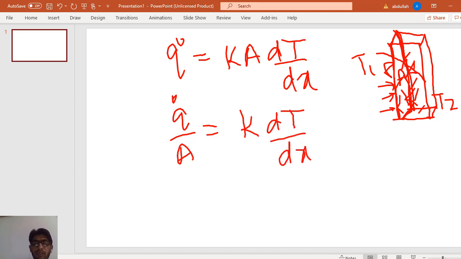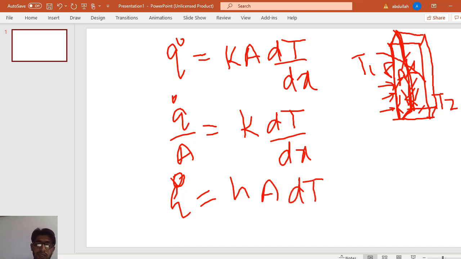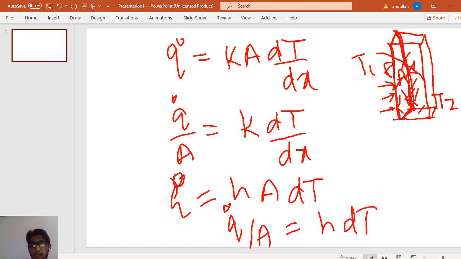Similarly, Newton's law of cooling, which is used for convection heat transfer, says the heat rate is the heat transfer coefficient into the area for heat transfer into dT. The heat flux, which is the heat rate divided by area, is equal to h into dT. Now there are two types of convection process.